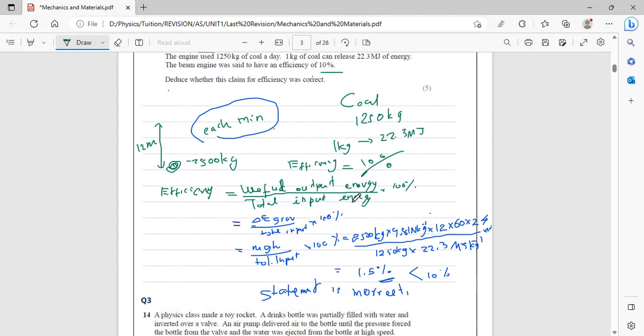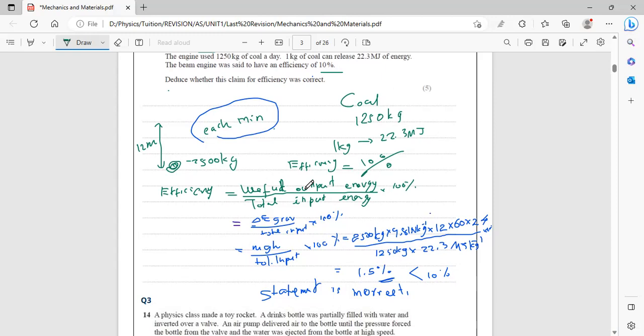Okay. So first we'll start with the equation. Now, what is the useful energy? Any case, it is decided based on the output. We decide the useful energy based on the purpose. Our purpose is to lift water to a height of 12 meters. That's the useful energy.